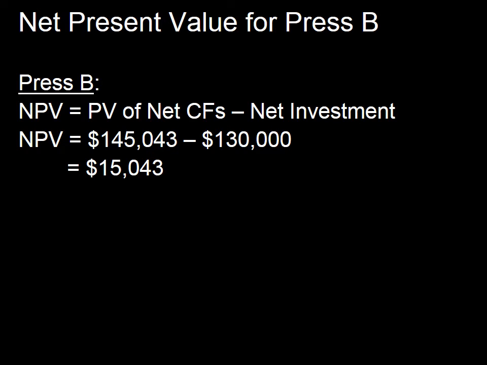This is a positive net present value, so the implication is that it covers all its costs, including its cost of financing, and when everything is said and done, it adds an additional $15,043 to the value of the firm. So it's an easy decision, hands down, between press A and press B. We would certainly go with press B since it adds value to the firm rather than taking away value from the firm.